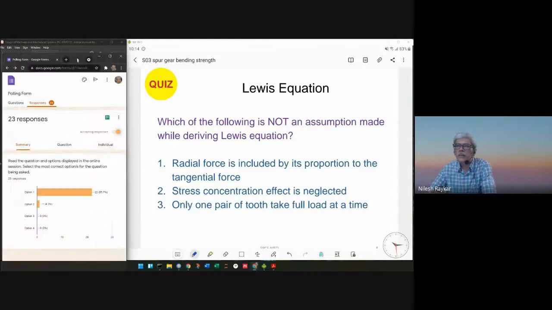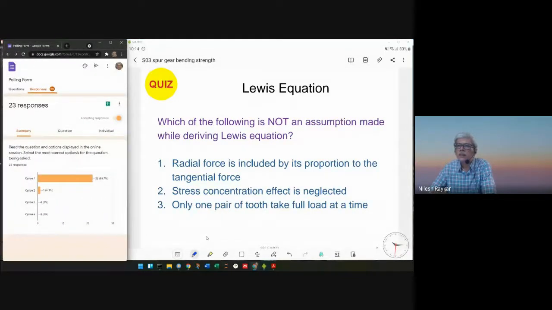Okay, so we are getting the answer. Most of you have given the first, which is correct. So radial force is not considered. So this is the answer.